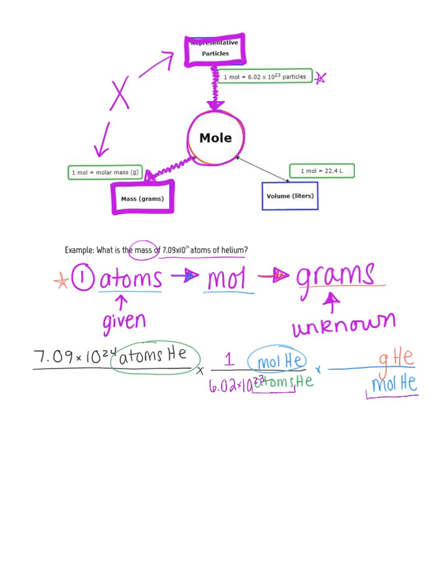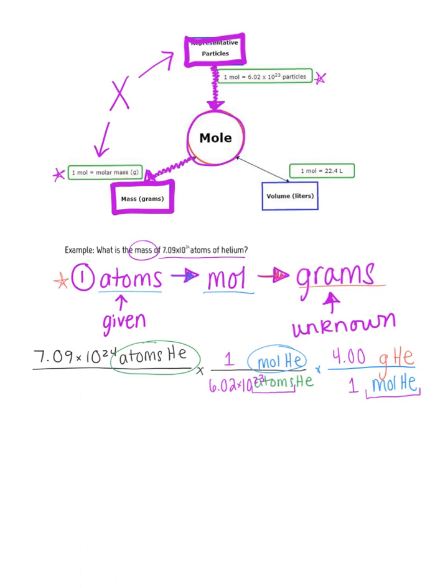For this fraction, we have moles and grams. So now we're going to use the conversion factor that 1 mole is equal to the molar mass in grams. Remember that molar mass comes from the periodic table. So 1 mole for helium is 4. If you look at the periodic table, you want to round it to 2 decimal places.